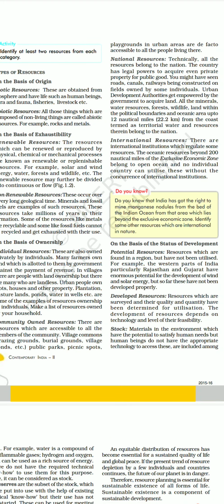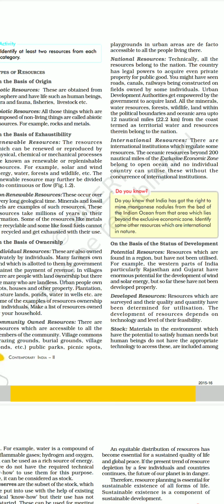A potential resource is a resource which is available in a particular region but has not been utilized to full capacity. Example: in western parts of India, Rajasthan and Gujarat, we have enormous potential for the development of wind and solar energy, but we have not tapped that properly.